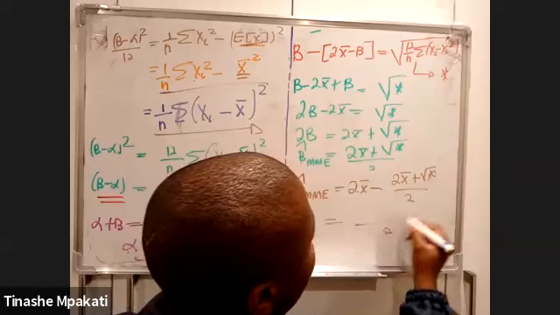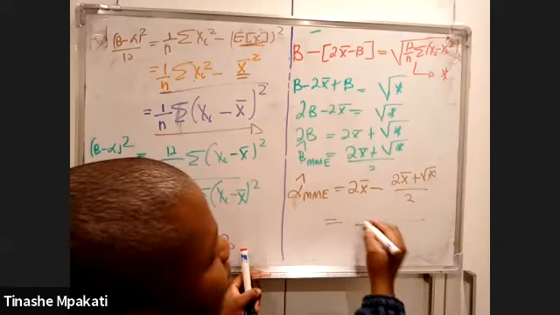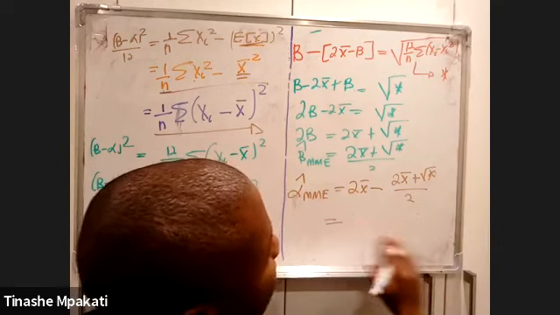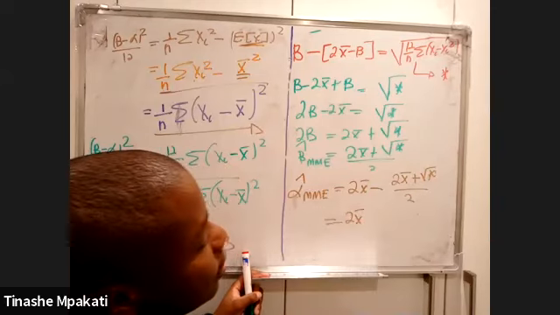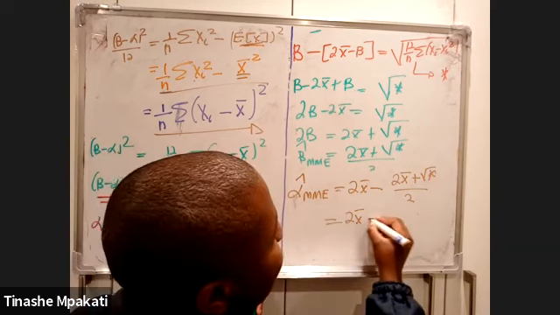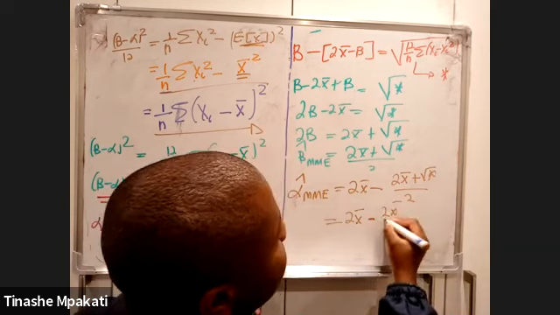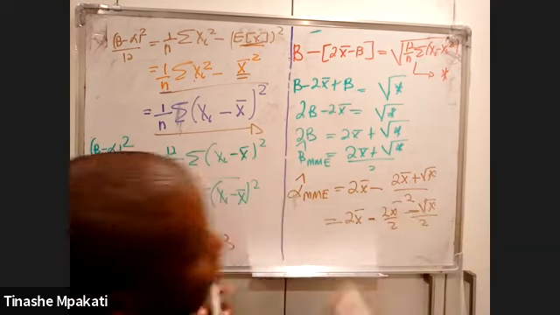Actually, instead of doing that, what we can do is have 2x bar minus, I want to break this 2 here, so that I have a 2x bar divided by 2 minus the square root of star divided by 2 again.